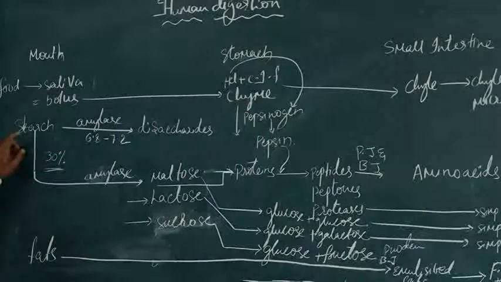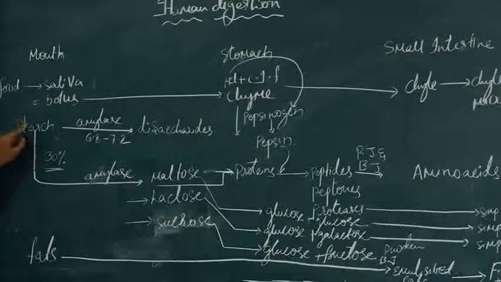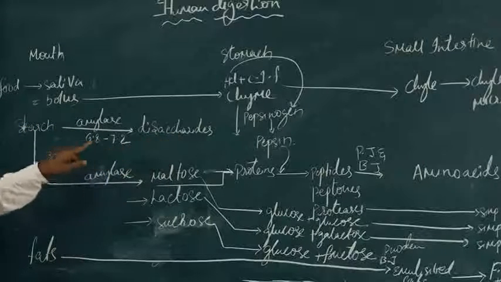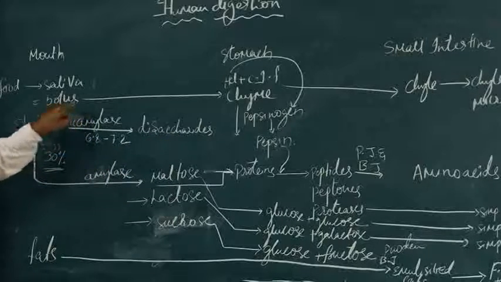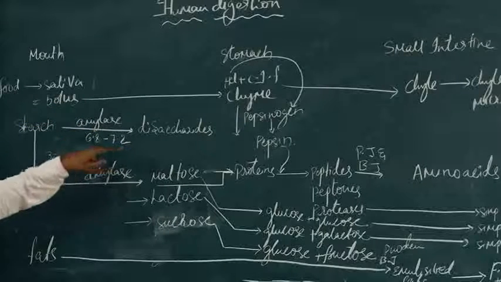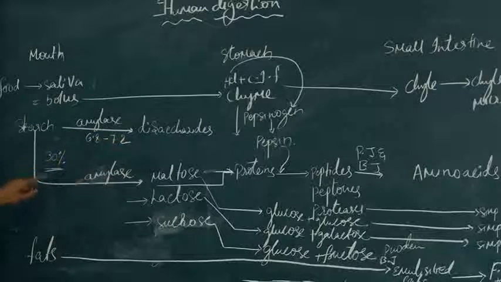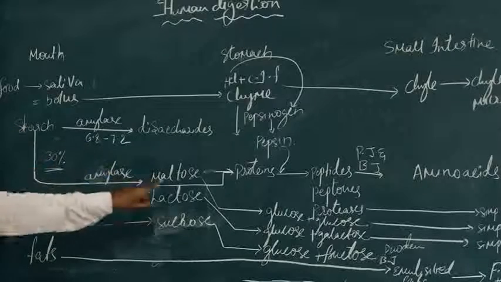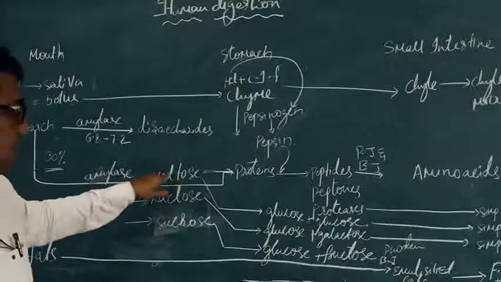So first in the mouth, carbohydrates, in the form of complex starch, will be converted to disaccharides in the presence of salivary amylase at pH 6.8 to 7.2. The starch is converted to the disaccharide maltose.